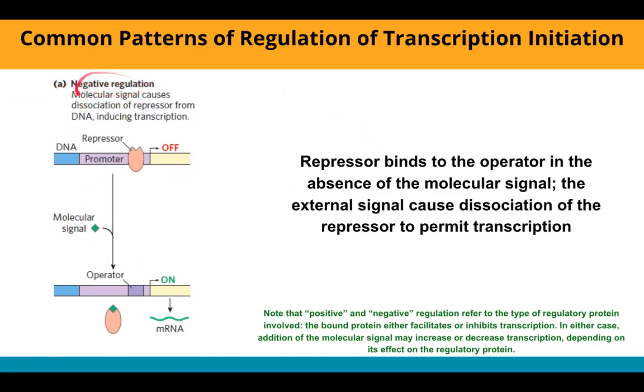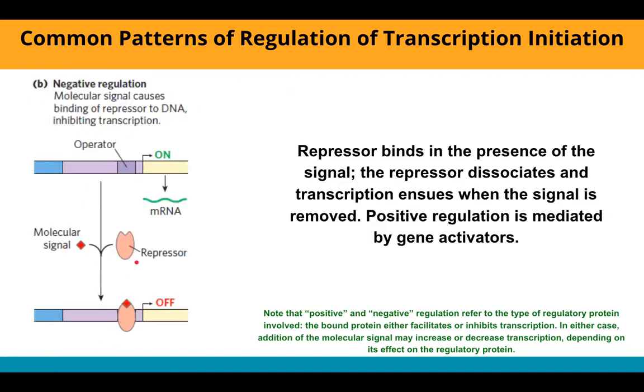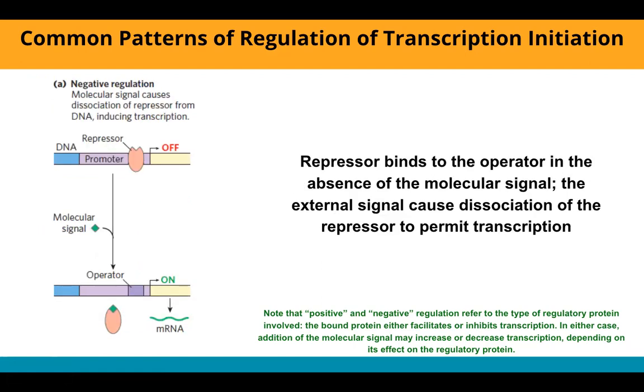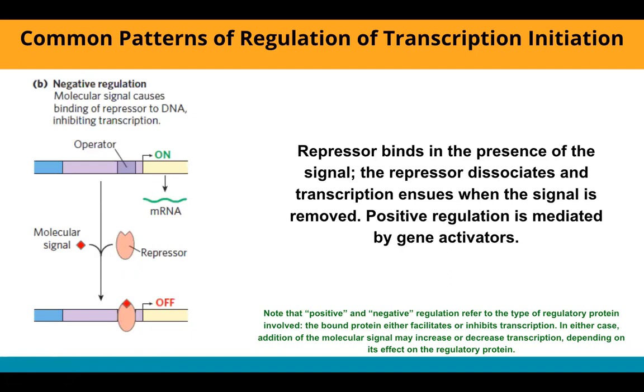When you say negative, it refers to the protein involved, to the regulatory proteins that are involved. For both A and B, we have repressor proteins. So basically, both of these examples or patterns undergo negative regulation because again, the protein that is involved is a repressor.